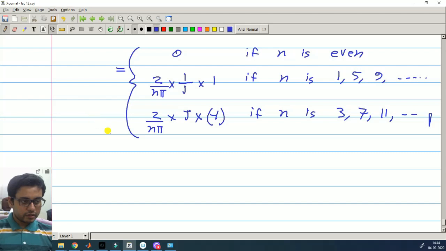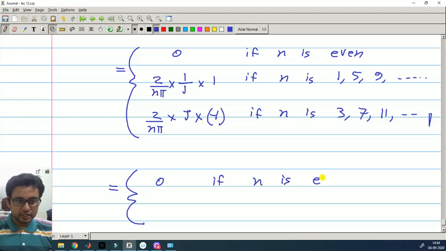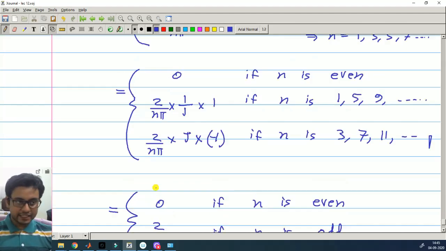Now this can be written as 0 if n is even, and you can see that these two can be written together as 2 over n pi j if n is odd.